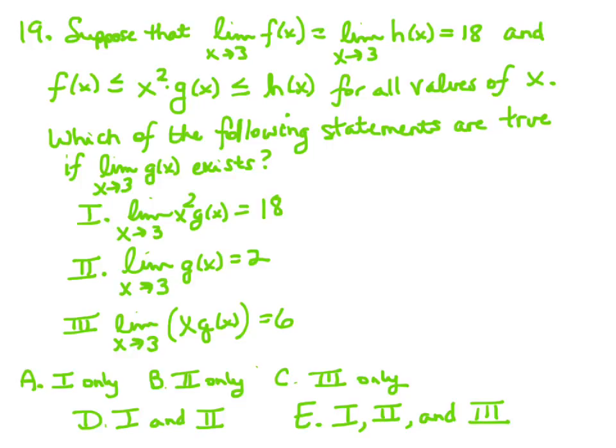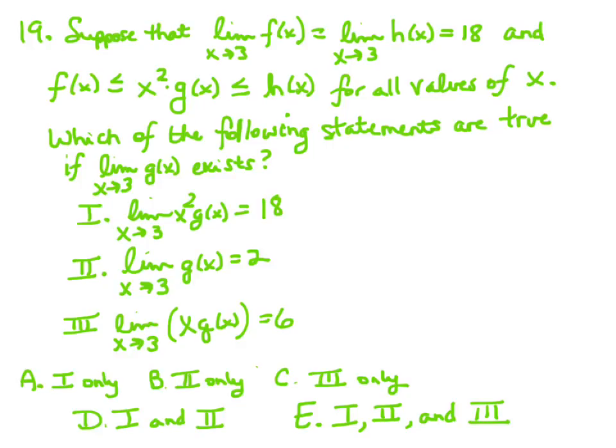Final question on this video. Suppose that the limit of f of x as x approaches 3 is equal to the limit of h of x as x approaches 3, and that's equal to 18. So I've got two functions as x approaches 3, and they both have a limit of 18.